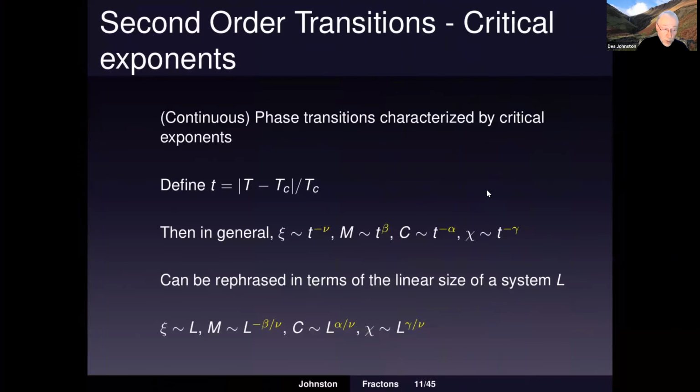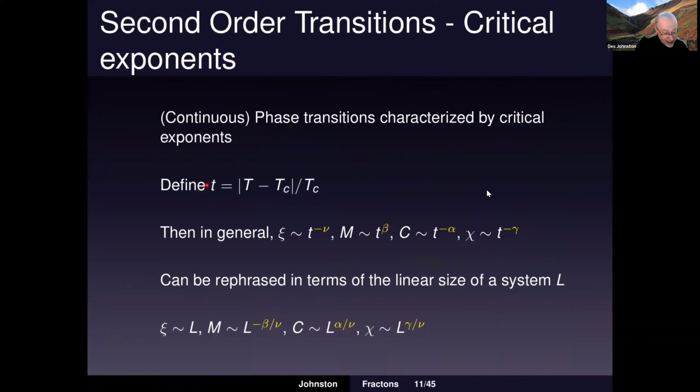And the game with a second order transition is to find out how things diverge in the case of the variances or vanish in the cases of things like the magnetization. And there are two ways that you can do this. One of them is to think about how things change as you approach this transition temperature between the ordered and the disordered phase.